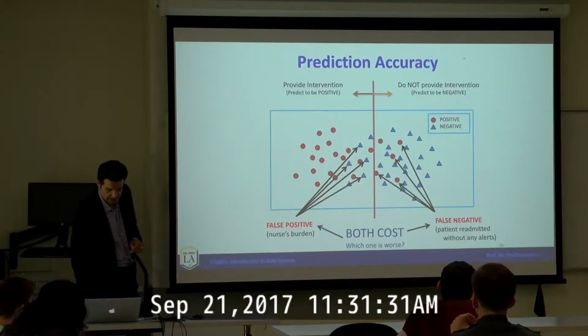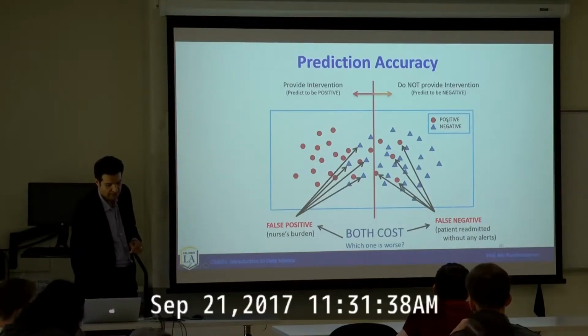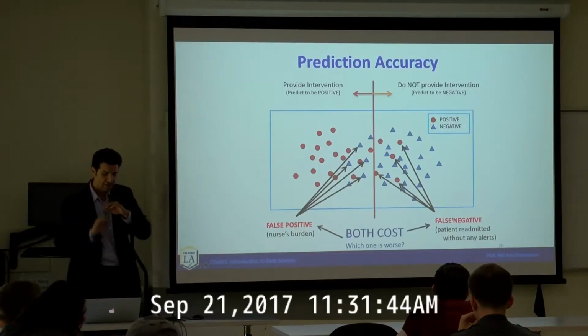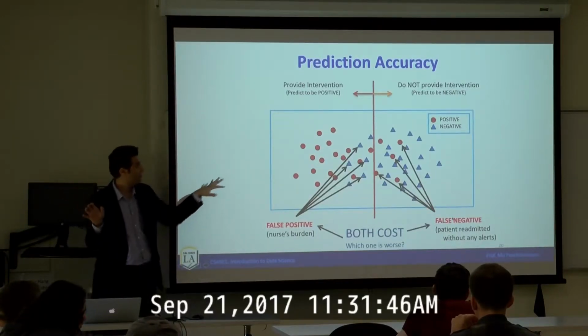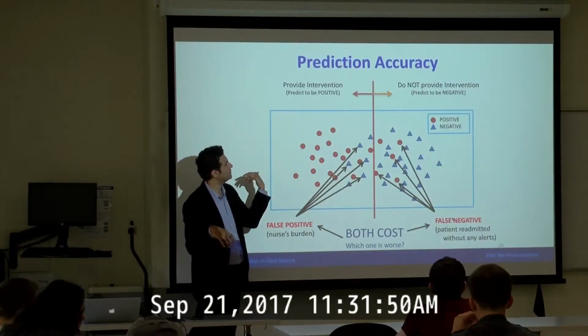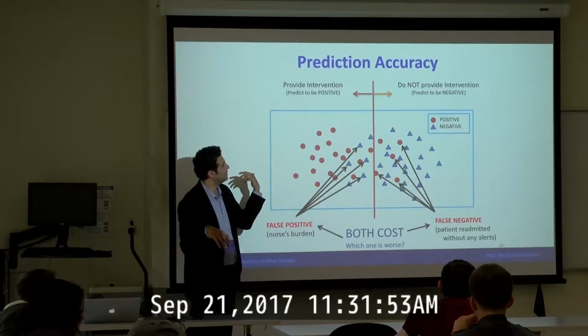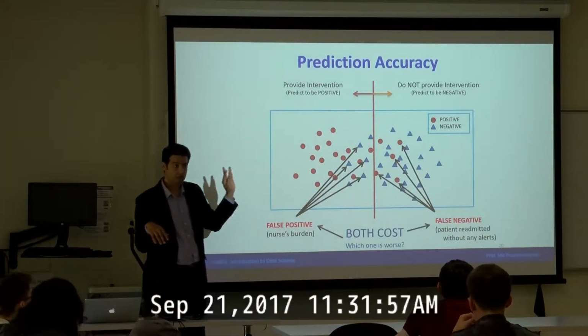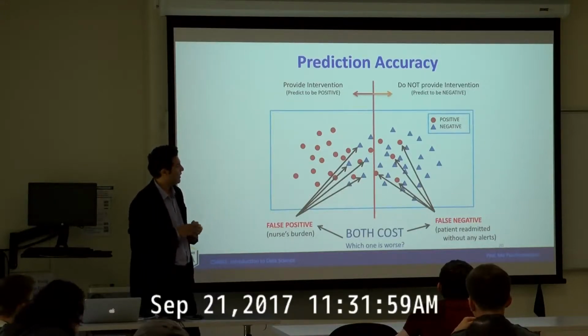Suppose that this line is our predictive model. We have 2 types of samples, positive and negative. This line is our classifier. It distinguishes between positive and negative samples. Anything on the left-hand side of the line will be predicted as positive. Anything on the right-hand side will be predicted as negative.